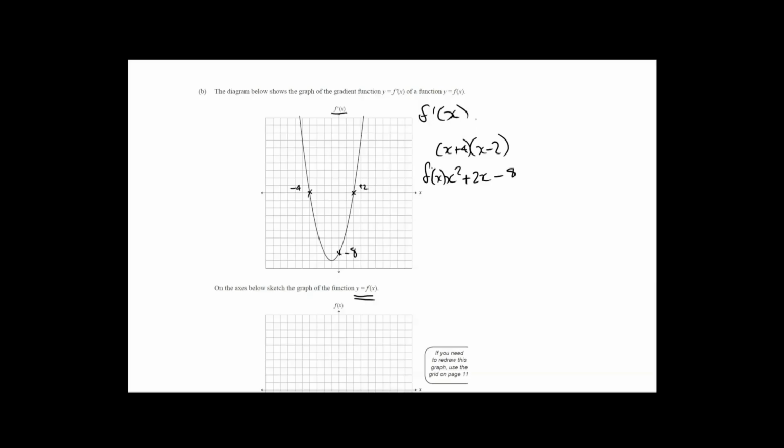So if we integrate that, we're going to get x cubed over 3 plus 2x squared over 2. They're going to cancel. Minus 8x, and the plus c doesn't necessarily matter.